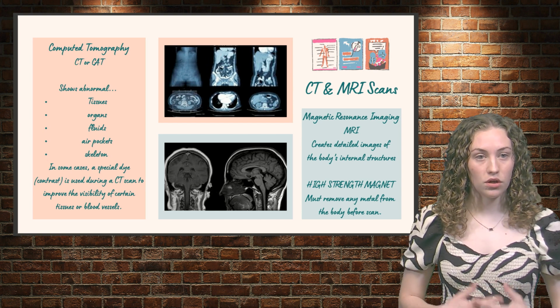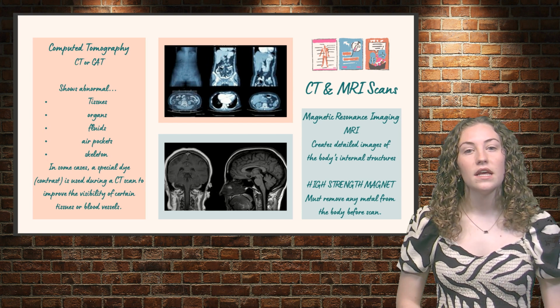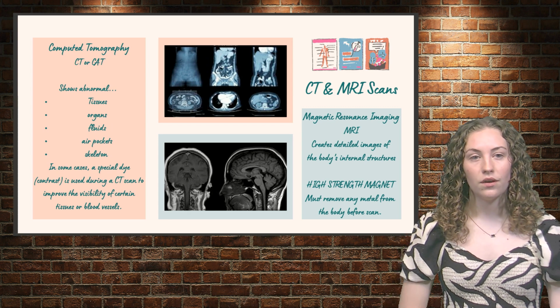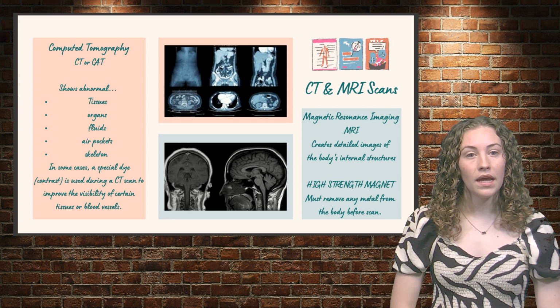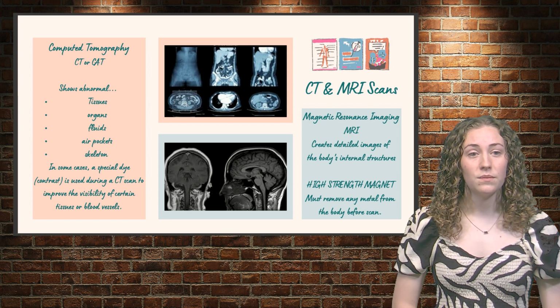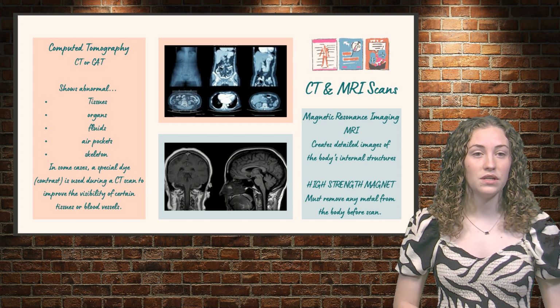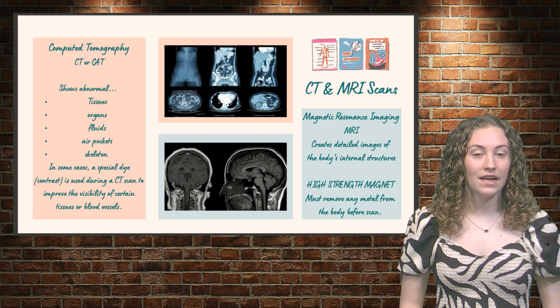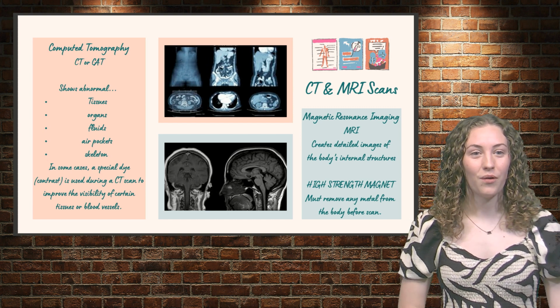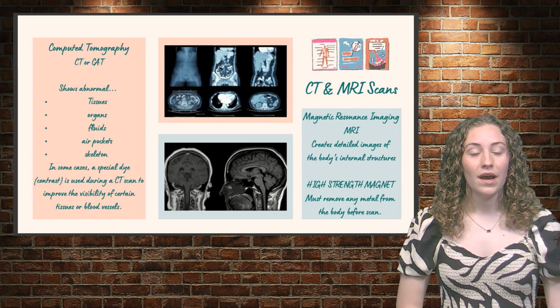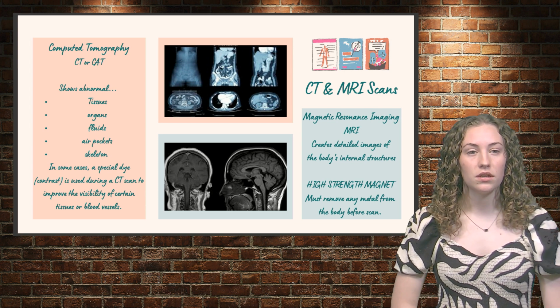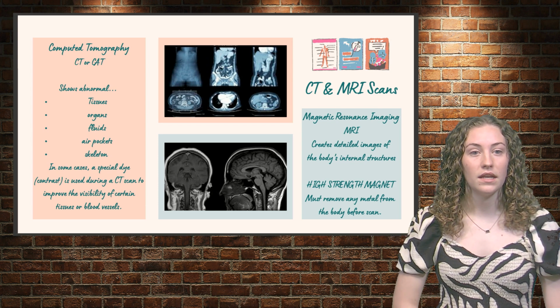If it is an internal metal of some sort, then unfortunately you are not going to be able to do an MRI because the magnet is so strong it could rip it out of your body, and that would obviously be a horrible scenario. So you have to definitely make sure the person is clear of any metal.